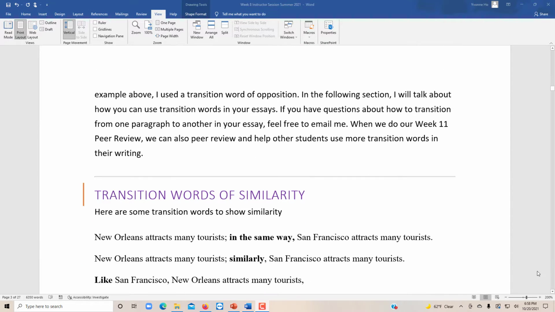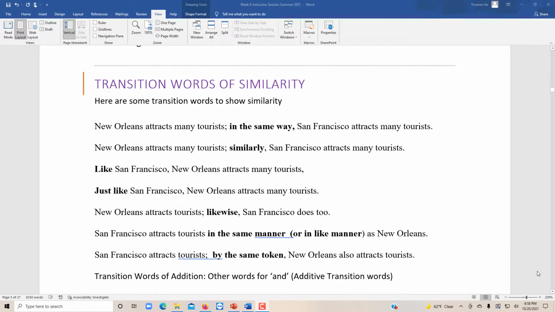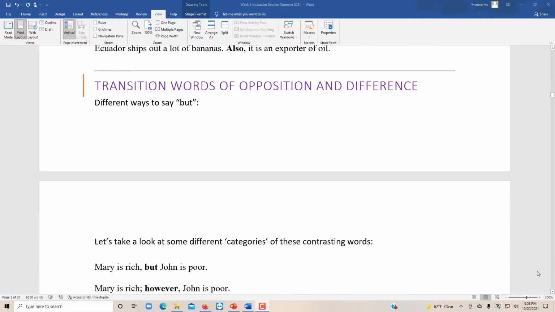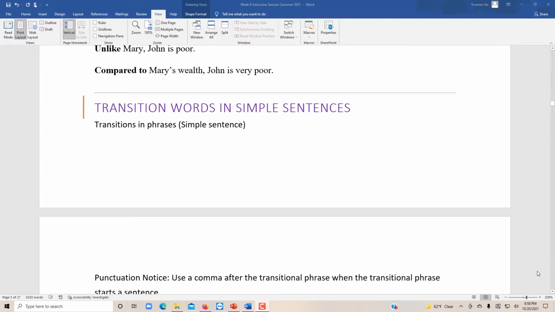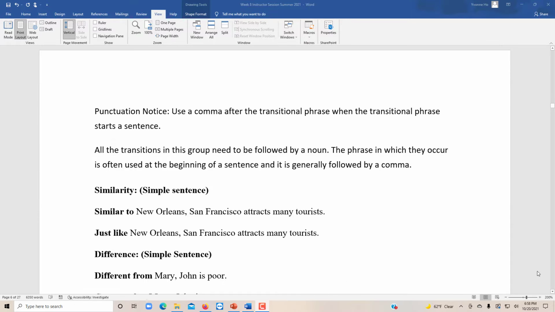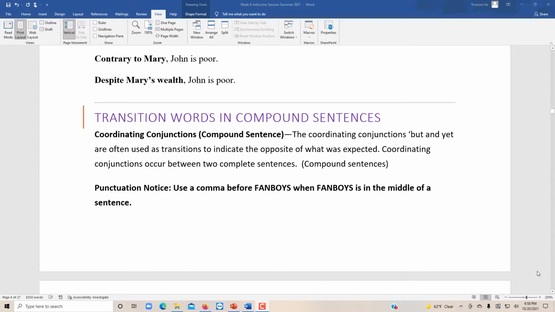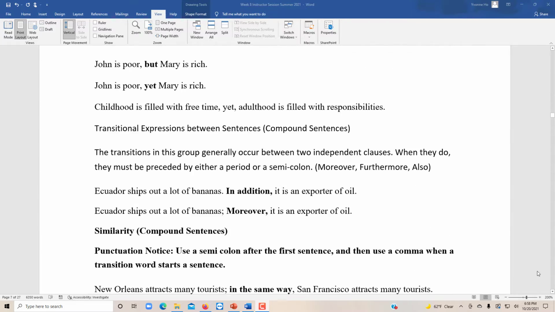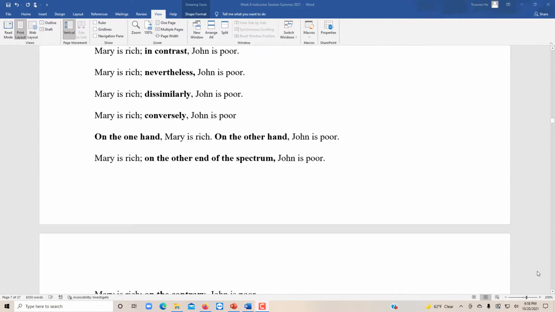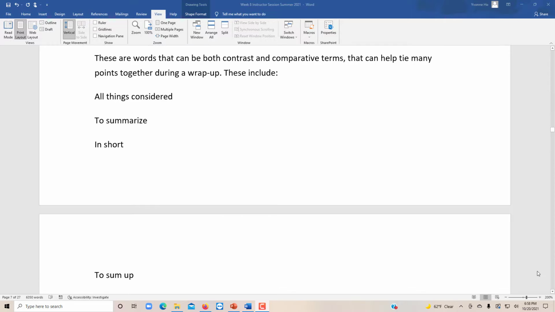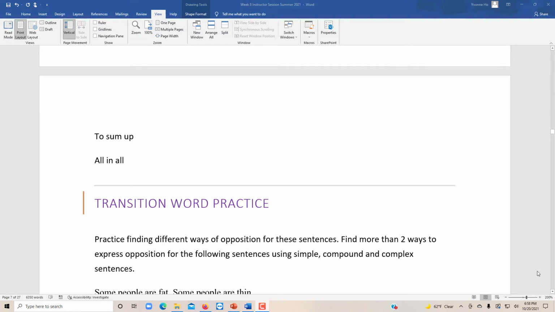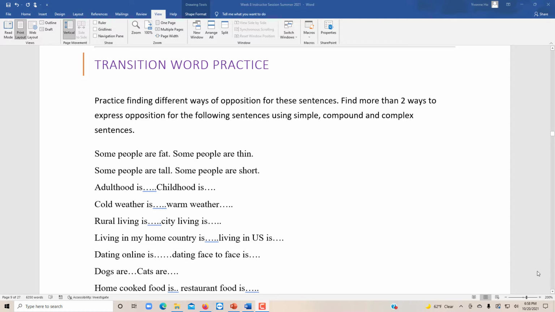Alright, so different kinds of transition words: transition words of similarity, transition words of opposition and difference, transition words that occur in simple sentences, transition words that occur in compound sentences, and transition words that occur in complex sentences. Alright, and so this is just a trailer, and also transition word practice.